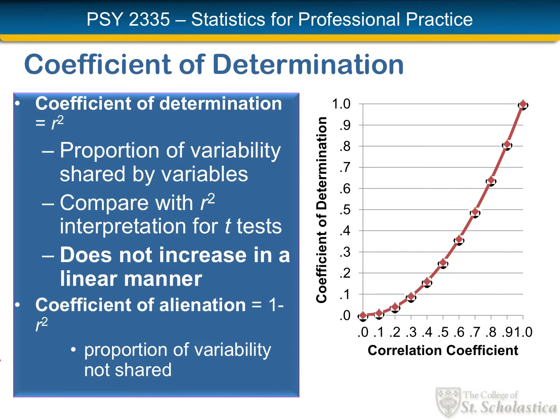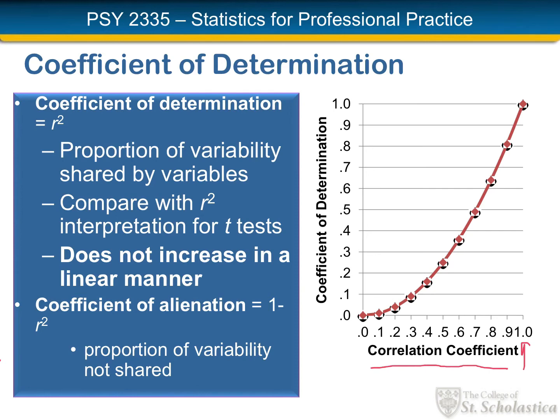A thing to notice is that the correlation coefficient doesn't really increase in a linear manner. And we can see in the graph over here on the right-hand side that as the correlation coefficient goes up in steps of a tenth, from 0.1 to 0.2 to 0.3, up towards the maximum correlation of 1.0, the coefficient of determination, the proportion of shared variability, goes up exponentially, goes up as squares.